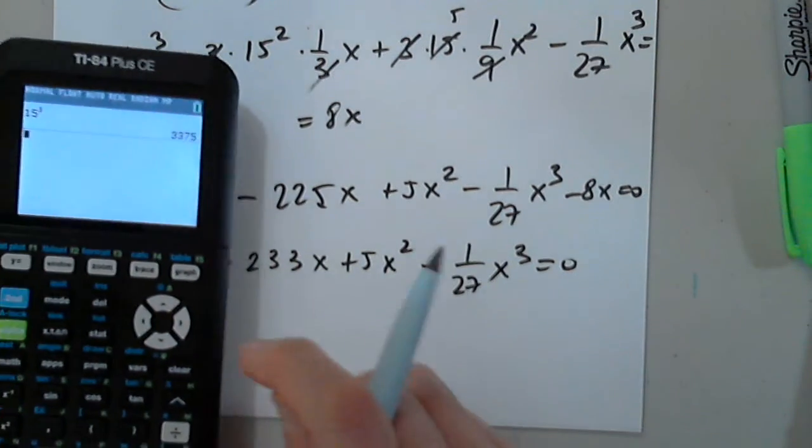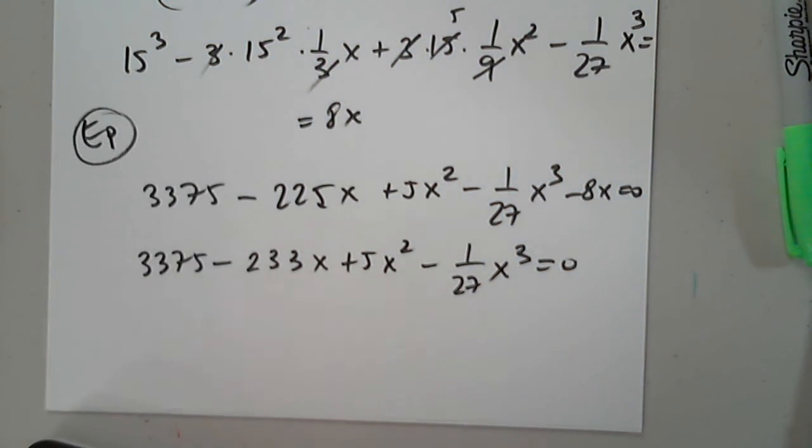I don't have to do anything, just put it in the graphing calculator and find the solutions. One of them has to be real, at least one. So we go to apps 9, polynomial, but this is degree 3.